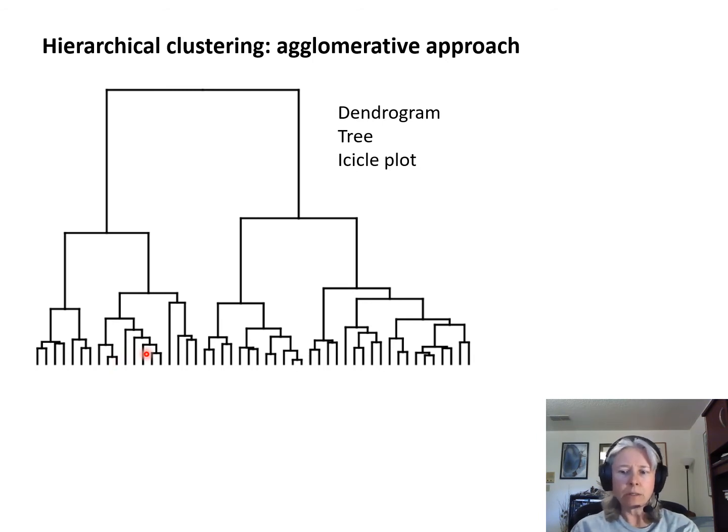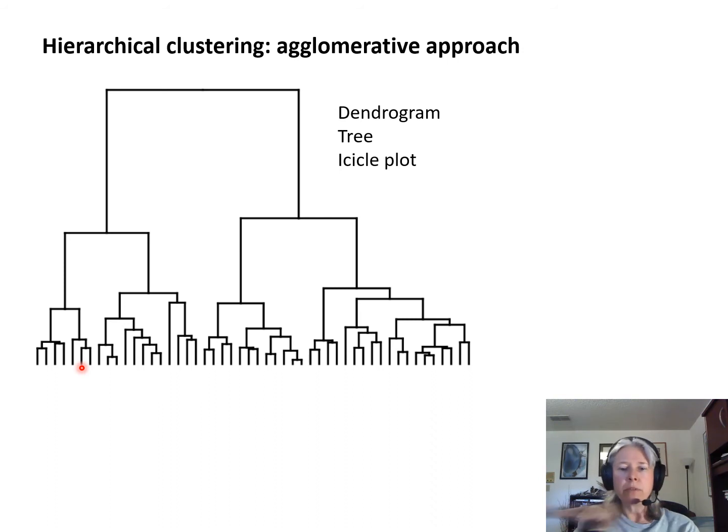We cannot use the proximity of two objects along the horizontal axis as a criterion of their similarity. That is, just because two sampling units are next to each other in a dendrogram does not mean that they're more similar to each other than they are to other sampling units that are in the same group.